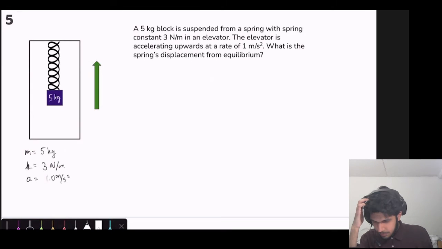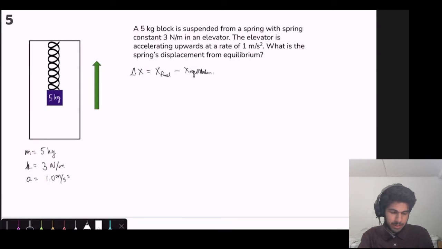All right, so what are we going to do from this? We want the displacement from equilibrium. This displacement, which we'll just call delta x, is going to be equal to some final position, which we'll try to solve for, minus the equilibrium position.